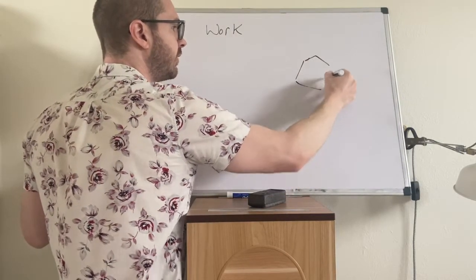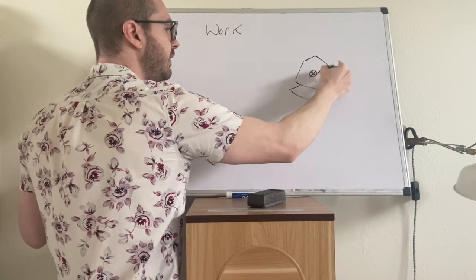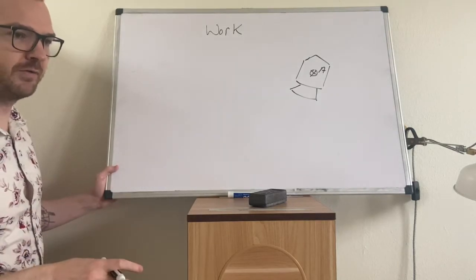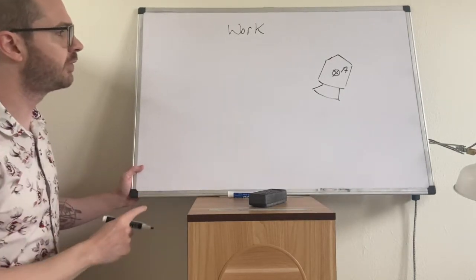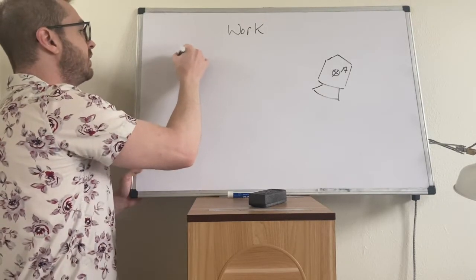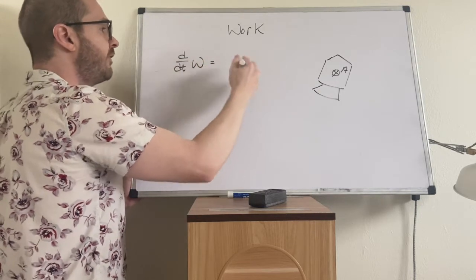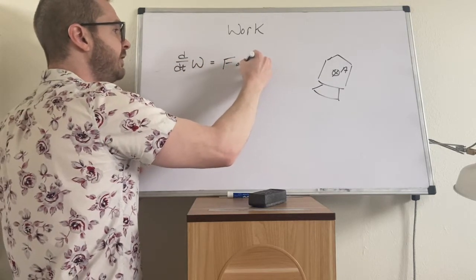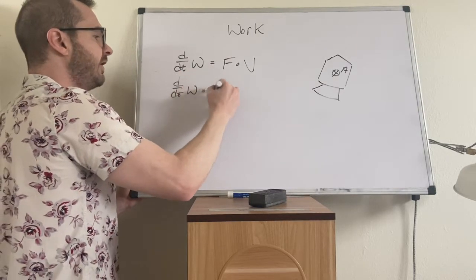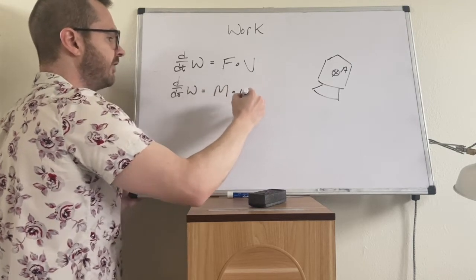So here is your spacecraft, and we want to calculate the work done on your spacecraft through both forces and the moments. d/dt of the work, we know that in one form this was equal to F dot V, and we know d/dt of the work done in the other form was the moments dot angular velocity.